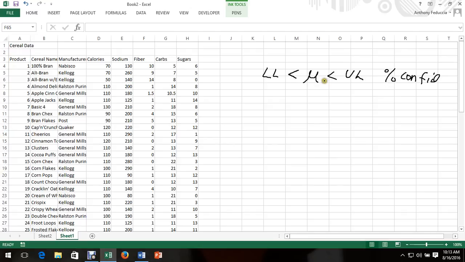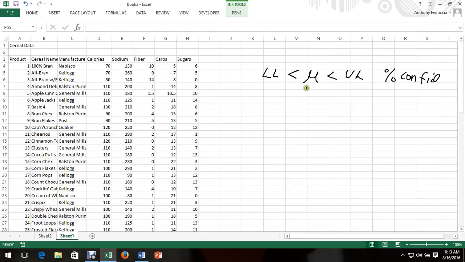And the reason we're going to do that is because we feel more comfortable with estimating a range of values with a confidence like 90% confidence or 95 or 99 than we are with just a single point estimate, the average that we got through data analysis.